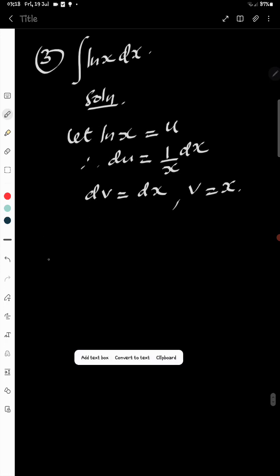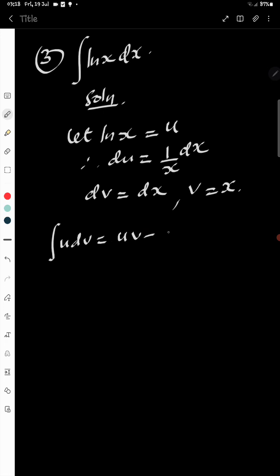So from the integration by parts formula, integral of u dv is equal to uv minus integral of v du.